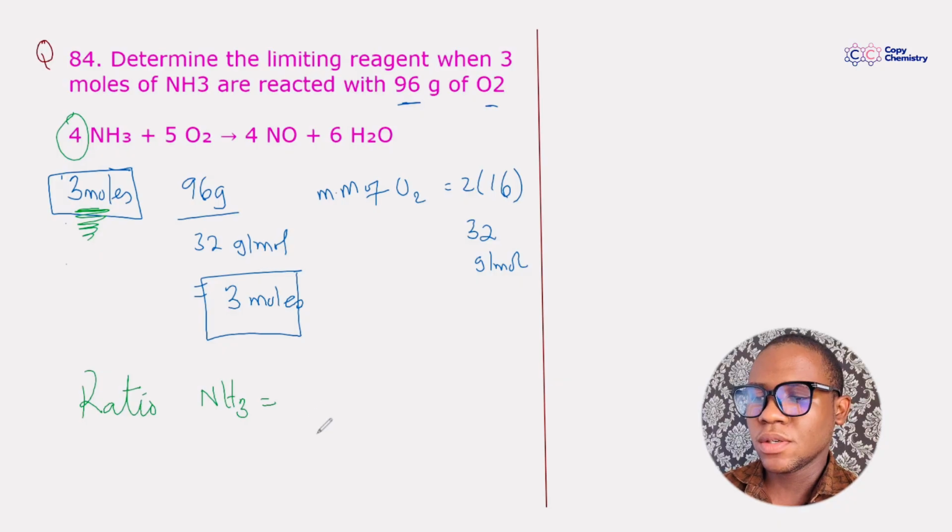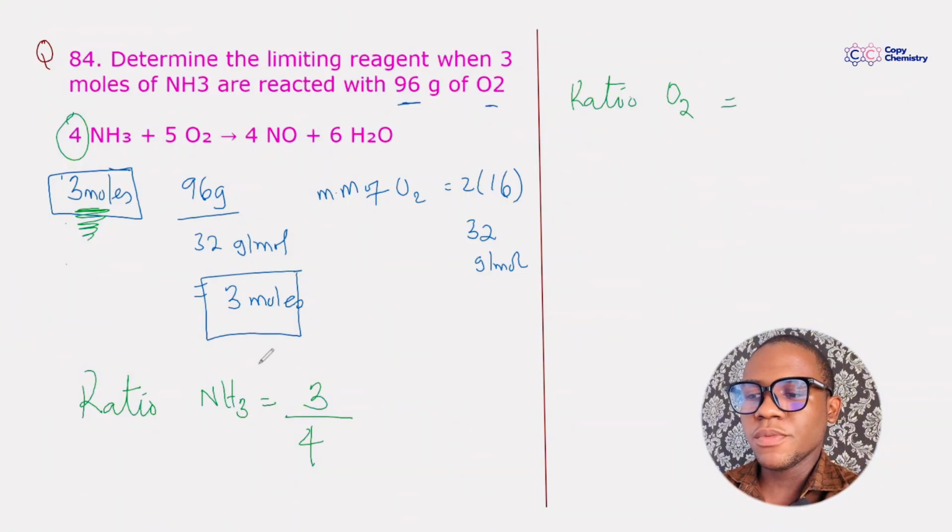All right. Do you understand the words that are coming out of my mouth? Okay, so the ratio of ammonia is going to be 3, the number of moles of ammonia, divided by the stoichiometric coefficient. That's it.